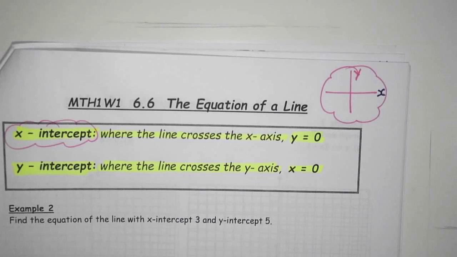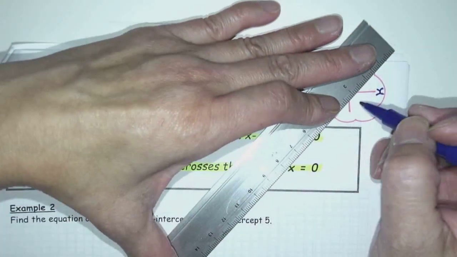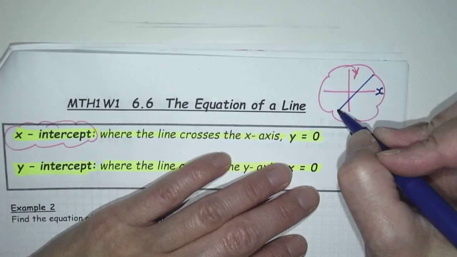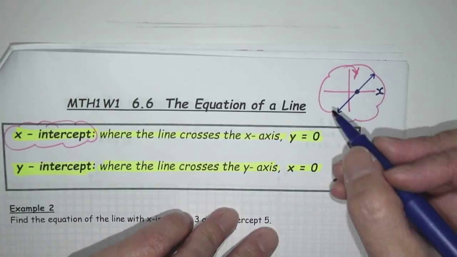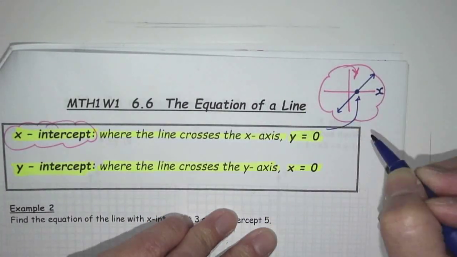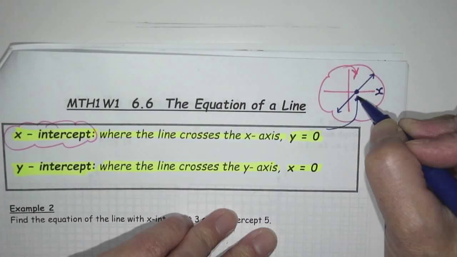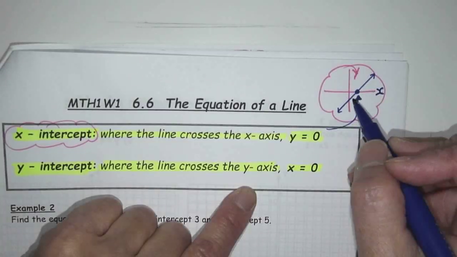Wherever my line is, this is my line, and where it crosses the x-axis, this is the x-intercept. That point right there is also when y will equal 0.